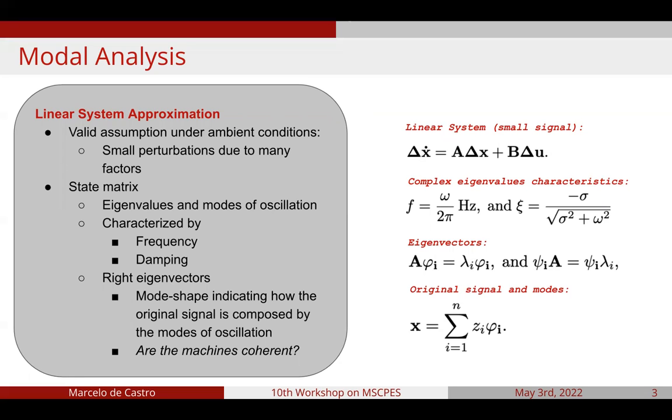So with that, it is possible to extract eigenvalues that are characterized by mode frequency and damping. And in this linear analysis, it is also possible to extract eigenvectors, which tell us a lot about the composition of the original signal, and it unravels the mode shape and tell us if machines in that power grid are actually swinging together or against each other in a particular oscillation.